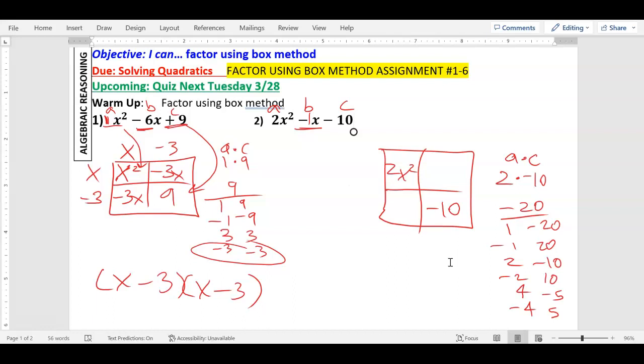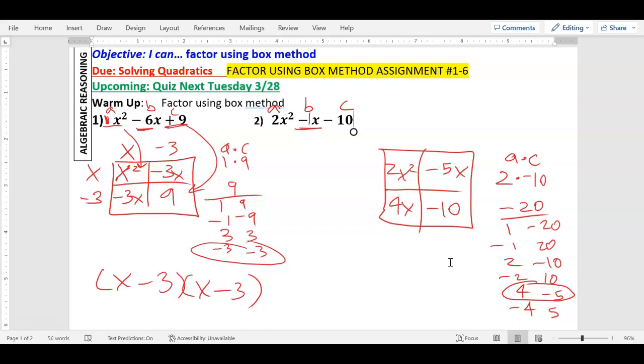Which one of these bottom two make negative 1? Negative 4 and 5 makes positive 1. 4 and minus 5, right? Or 4 and negative 5, however you want to say that. 4 minus 5 is negative 1, so let's use those two numbers, write them in here. 4x minus 5x. Does everyone agree 4 minus 5 is negative 1?